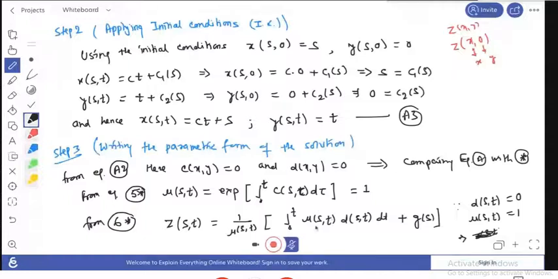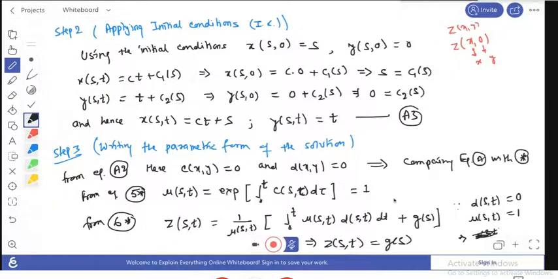The d value is 0, so the product equals 0, so no term there. And here we only have g of s over mu of st, so this becomes only g of s. So the solution is z of st equals g of s.